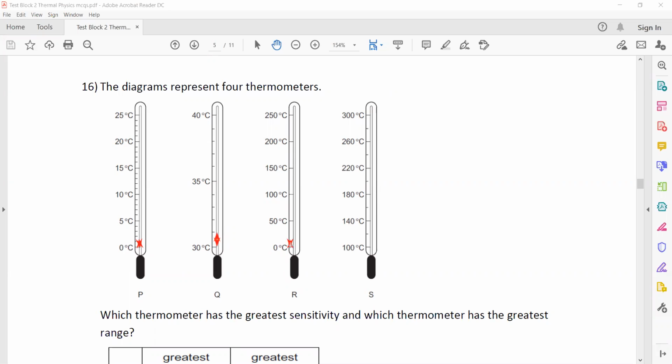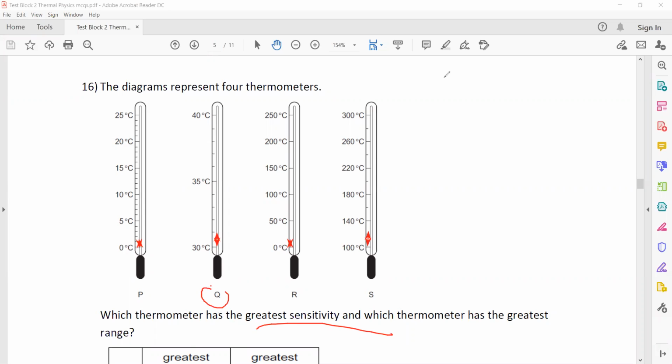For thermometer R, it will be very small because 0 to 50, the second mark is at 50, so a very small difference between the 1 degree. And here 100 and 140, the first mark is 120, so it also has a smaller distance between 1 degree mark. So which thermometer is more sensitive? Q appears to be more sensitive.